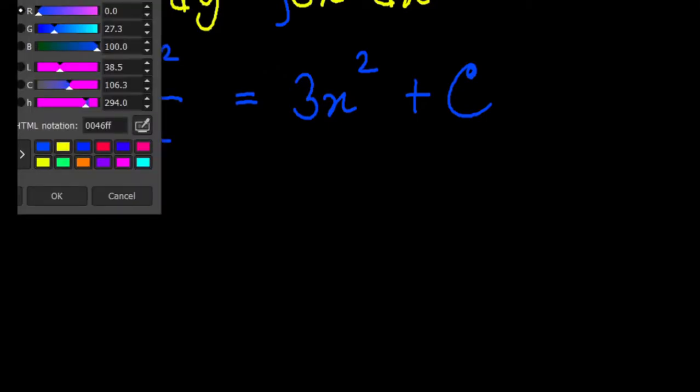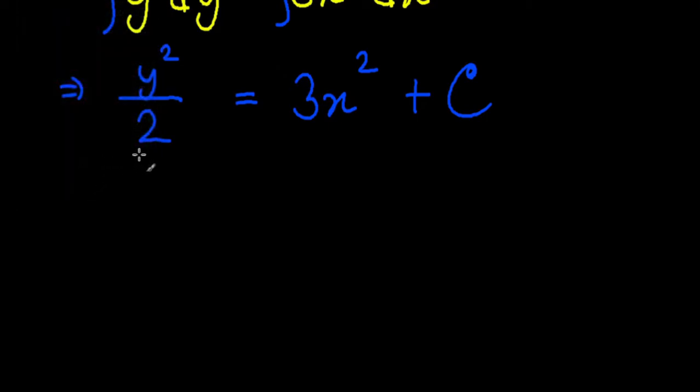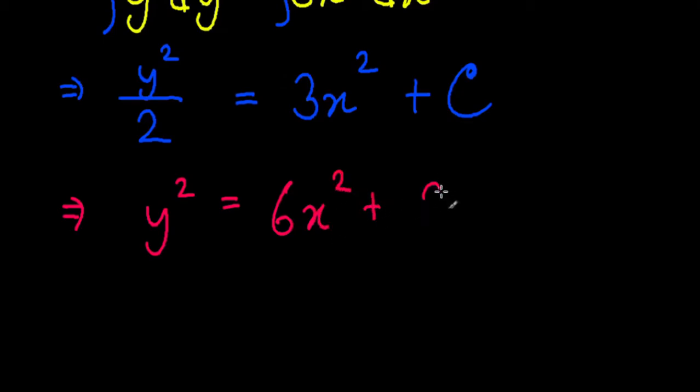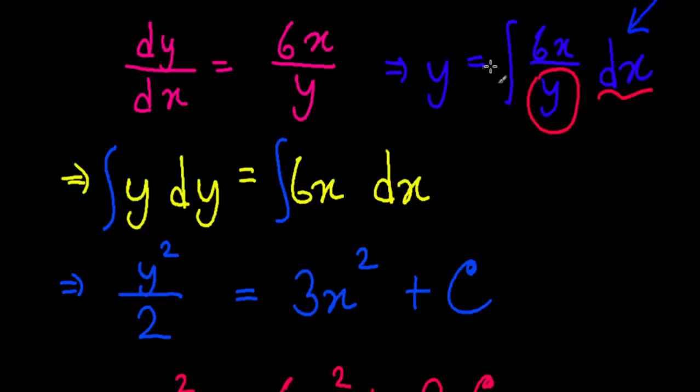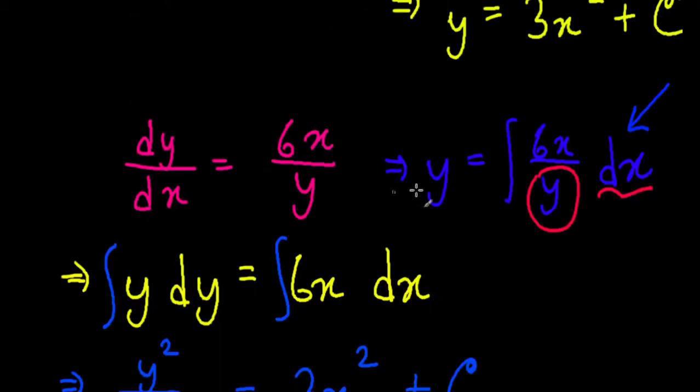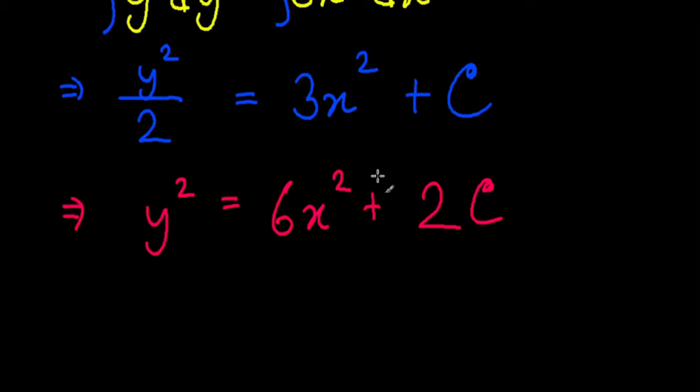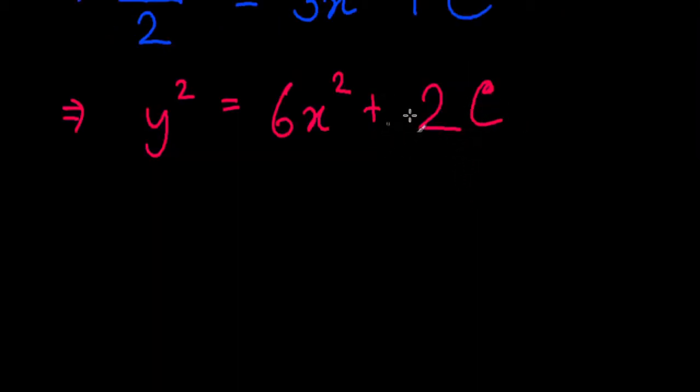We can simplify this a bit. One important thing: we can multiply by 2 on both sides. So what we get here is y squared equals 6x squared plus 2c. But again, c is just some arbitrary constant, so 2c is also just some arbitrary constant.